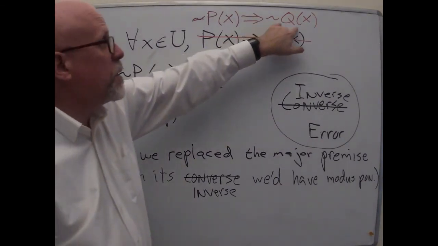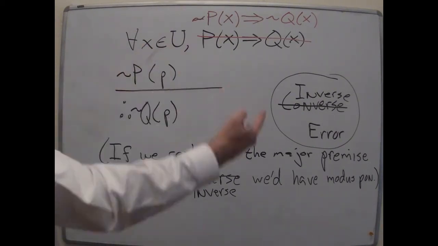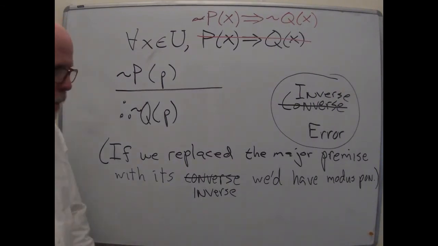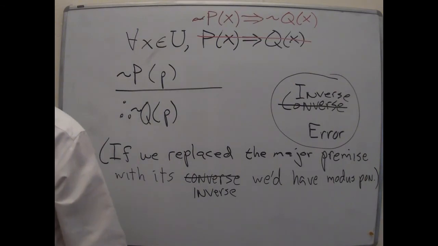And not Q is the then, or the consequent, and it's also the conclusion. So it's the shape of modus ponens with different letters, or with negated letters. Okay, we're kind of out here.